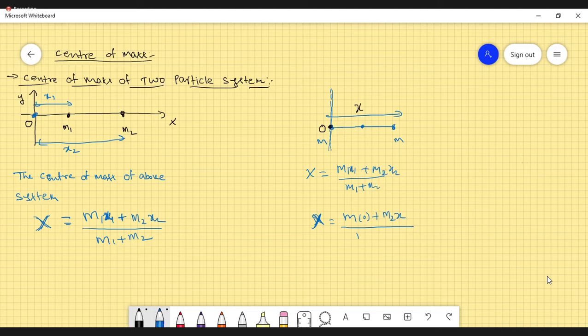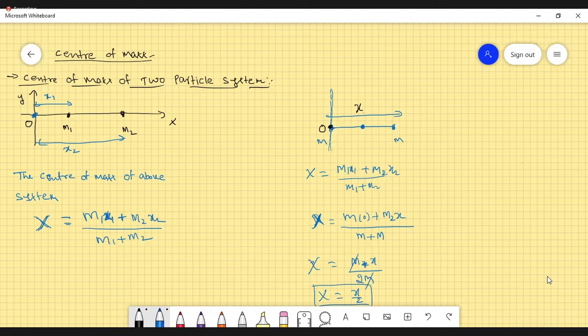m1 is also m and m2 is also m. So finally, x equals m into x by 2m. So m and m get cancelled. Therefore, x equals x by 2. From the origin to this distance is x, then where do you get the center of mass?